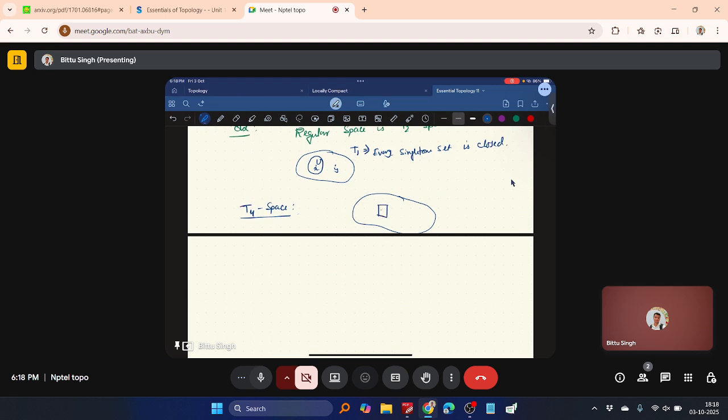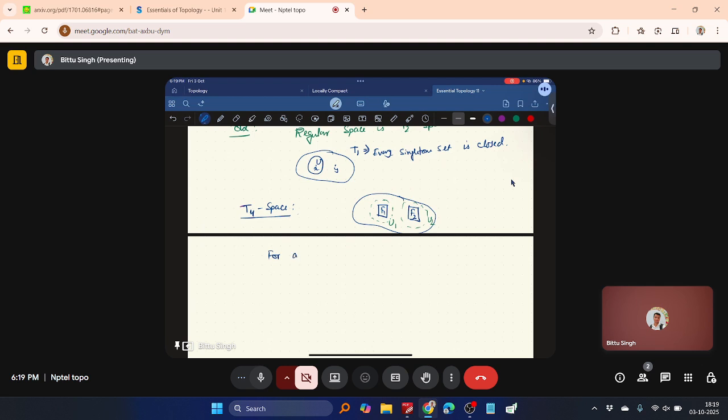Suppose F1 and F2 are two disjoint closed sets. The demand is there exist disjoint open sets U1 and U2 containing those two sets, so there should exist open sets separating those two things.